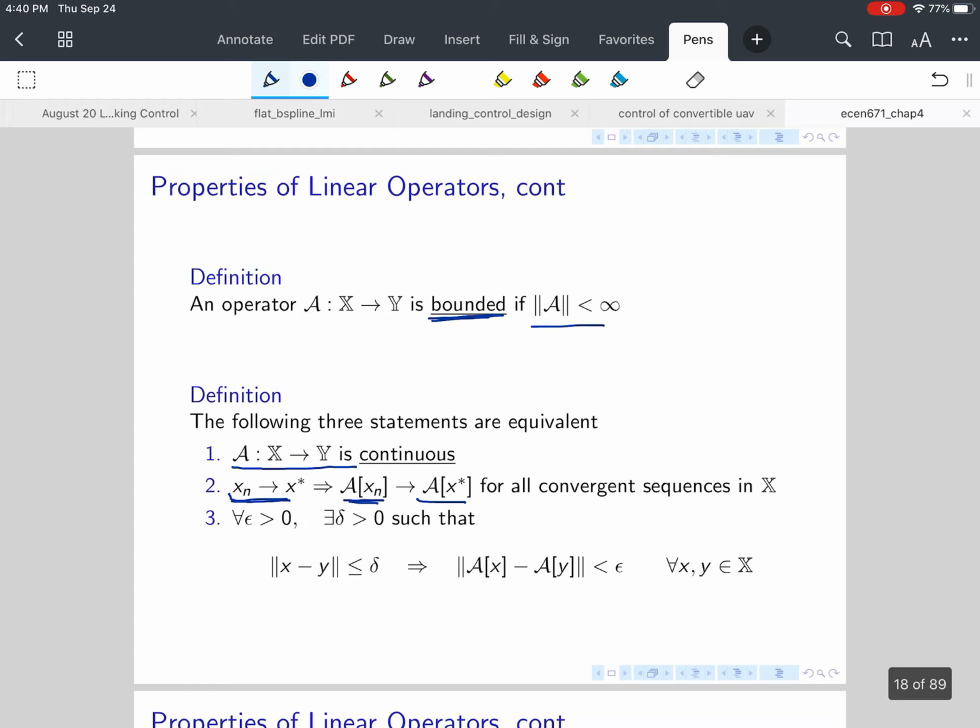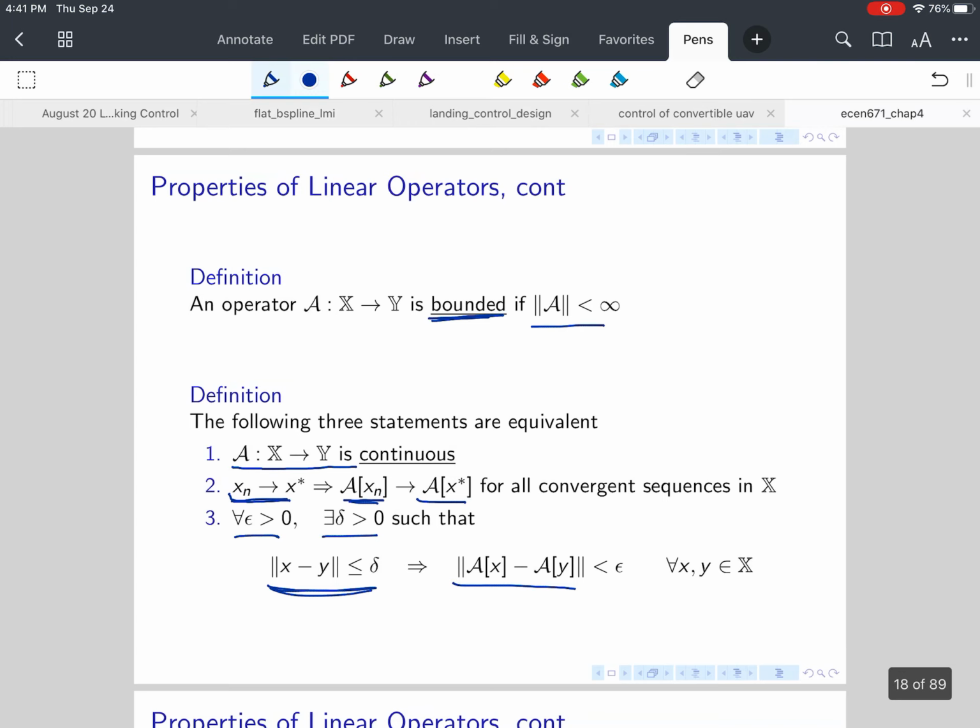And another way of saying that is for every epsilon greater than 0, there exists some delta, so that when the norm of x minus y is less than delta, in the X space, then the norm of Ax minus Ay is less than epsilon.